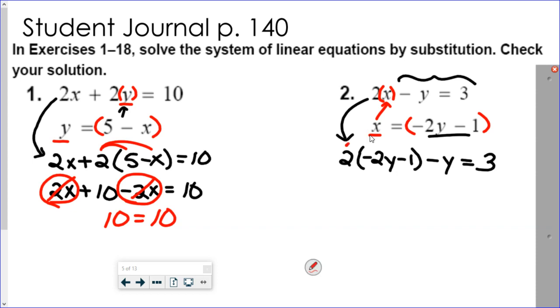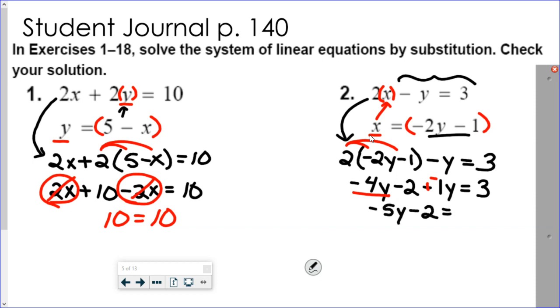Okay, now I'm going to distribute. Now let's see, maybe it's another special one, maybe it's not. And I'm going to put a 1 here so I don't forget about that y. Okay, so now I have a -4y plus a -1y. That gives me -5y. And there's still that -2 equals 3.